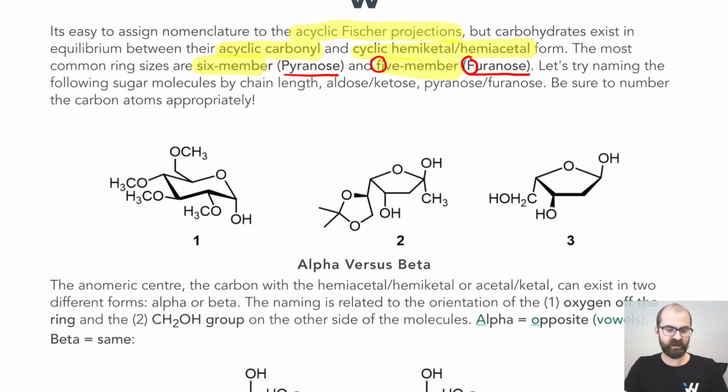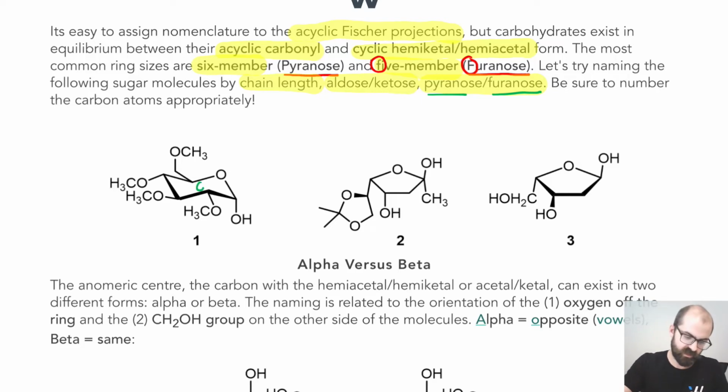Okay, so let's try naming these carbohydrates, these sugar molecules, by chain length, whether they're aldoses or ketoses, and whether they're a pyranose or a furanose. So we'll start with just the pyranose and furanose. I'll do that in green. Okay, so we're looking at the number of atoms that are in the ring.